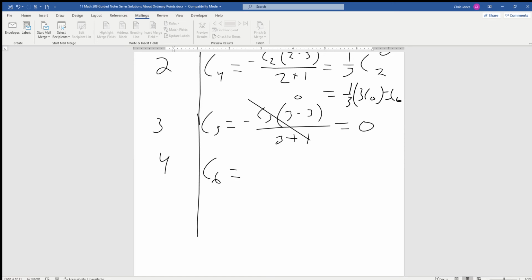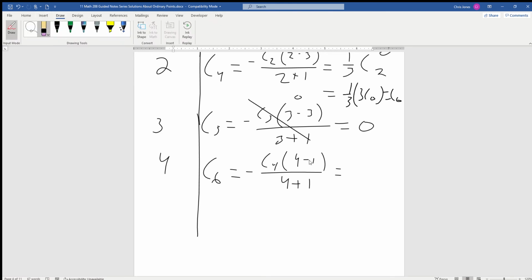C6 is going to be equal to the opposite of C4 times 4 minus 3 over 4 plus 1. I'm sorry, I said 4 minus 1 earlier; this should be a 3. So it's going to be negative 1/5 C4.